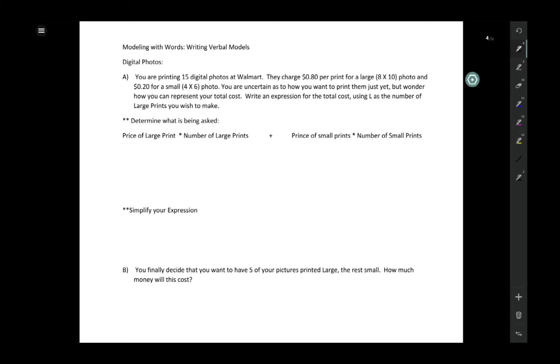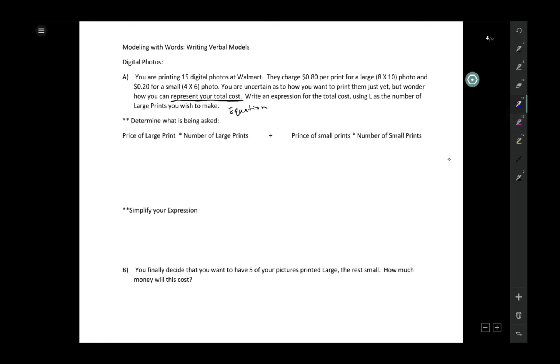You're uncertain as to how you want to print them just yet, but wonder how you can represent the total cost. All we want when we're representing something is an equation. I don't know what exactly is going to be going in there, but we just want an equation.